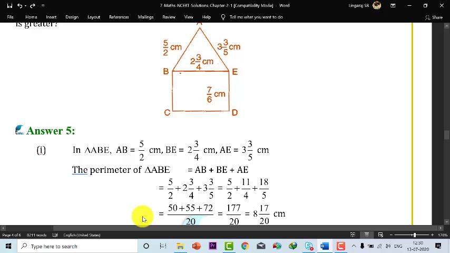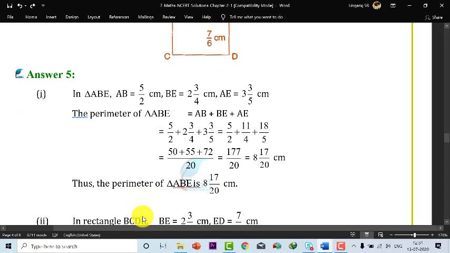So this 5/2 remains same. Convert 2 3/4 mixed to improper: 4 2s are 8 plus 3 is 11/4, and here 5 3s are 15 plus 3 is 18/5. Next step, we have to add these fractions. Here denominators are different, so find the LCM for these denominators 2, 4, 5.